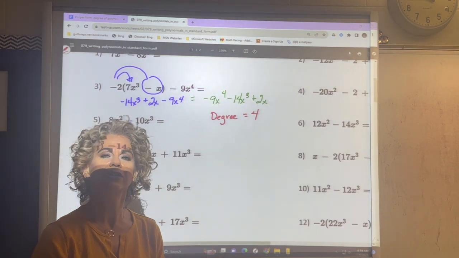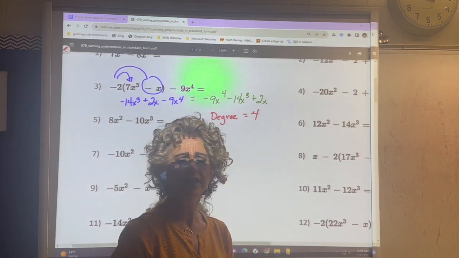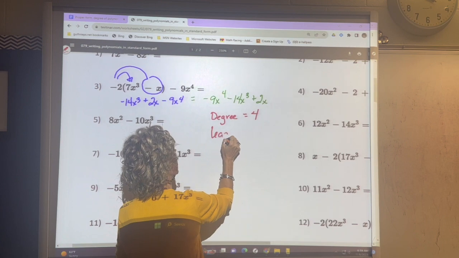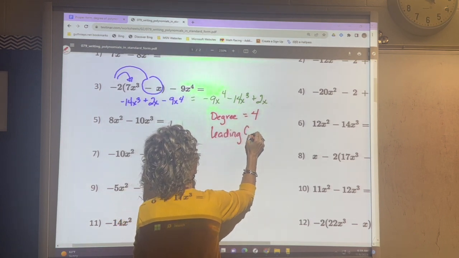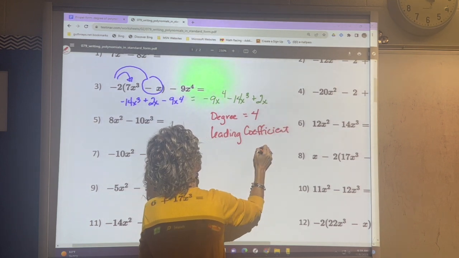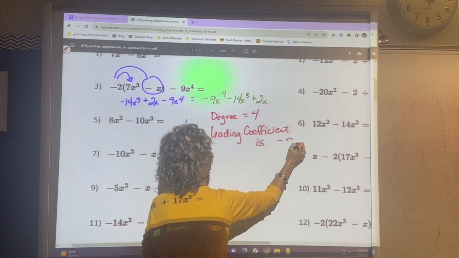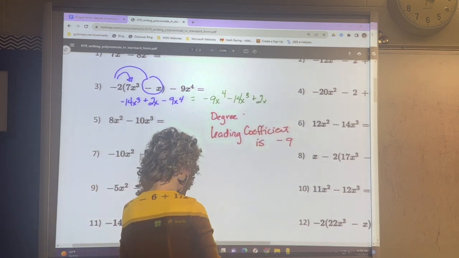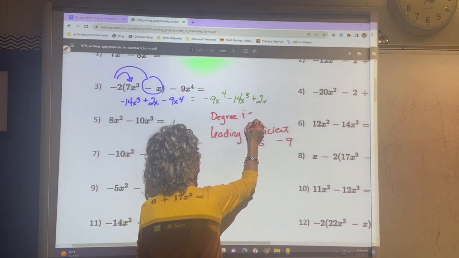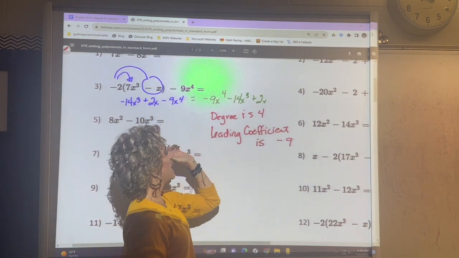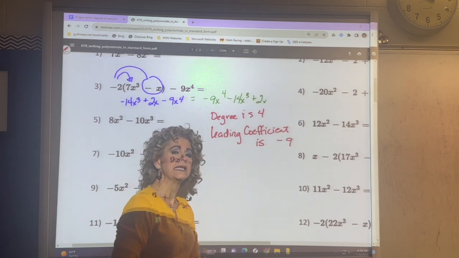What's the coefficient of the term with the highest exponent? Negative 9. So my leading coefficient is negative 9, and the degree is 4. So, write it in proper form, identify the degree, identify the leading coefficient.